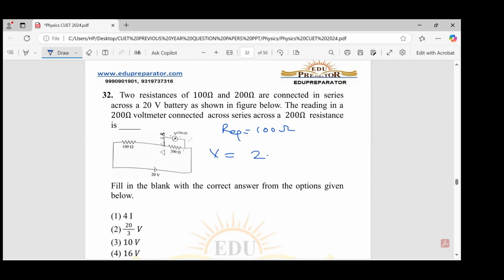That will be equal to 20 into 100 divided by 100 plus 100. You can find the value of current and then we'll get this answer as 2000 upon 200, which is equal to 10 volt, right?